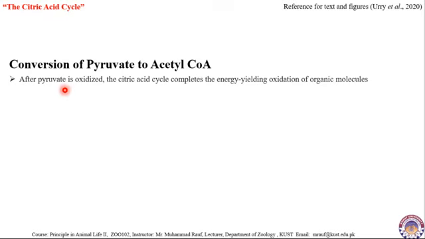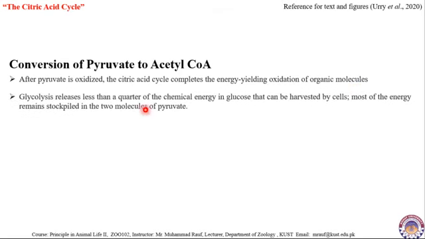After pyruvate is oxidized, the citric acid cycle completes the energy yielding oxidation of organic molecules. Glycolysis releases less than a quarter of the chemical energy in glucose that can be harvested by cells.